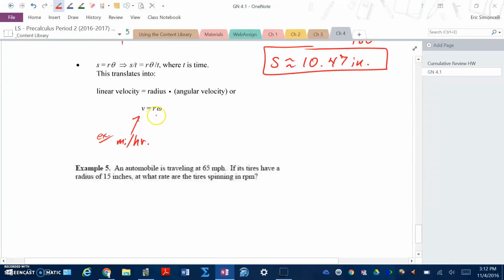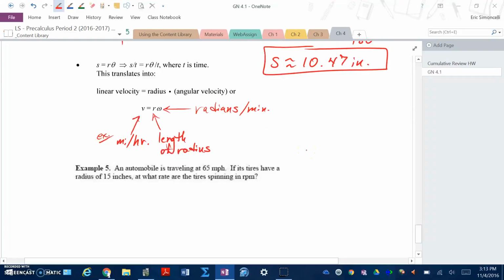R, of course, is your radius. It will be a unit that we want to be the same as the distance, or vice versa. That length of the radius, we may or may not have to convert so that it matches the velocity numerator. And then lastly, the omega. The omega will always be in radians per time. For our purposes, usually it will be radians per minute.